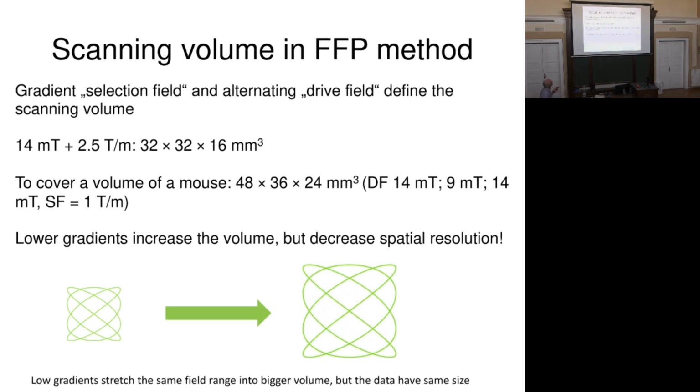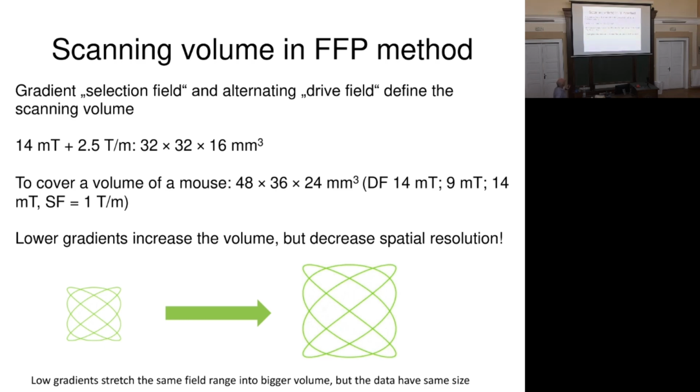In our machine, we have a maximum drive field amplitude of 40 millitesla, and if we use the highest gradients, we get a volume which we can scan of 32 millimeters, which is barely enough for a mouse.